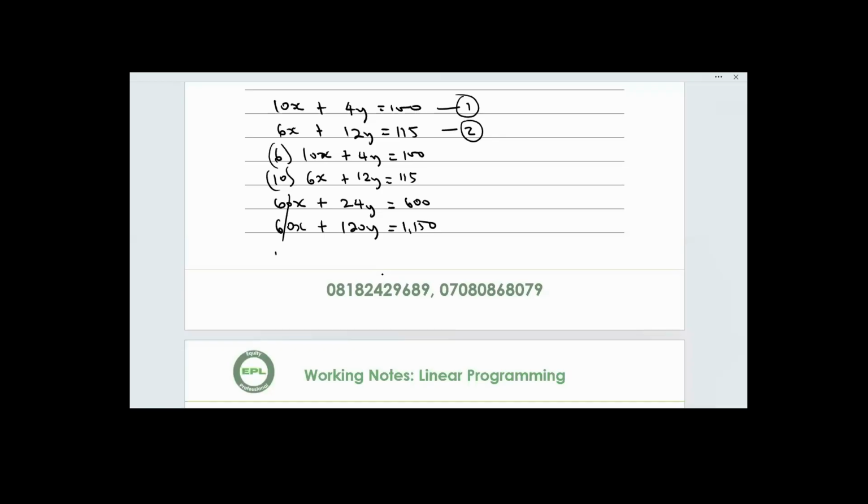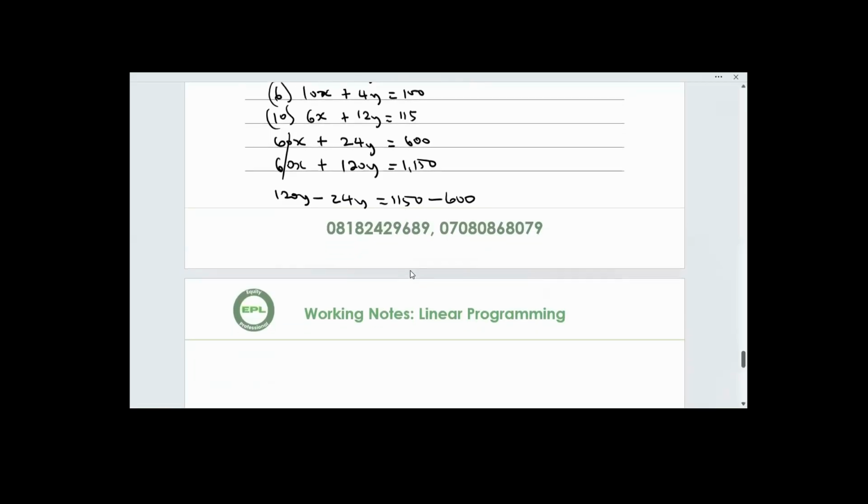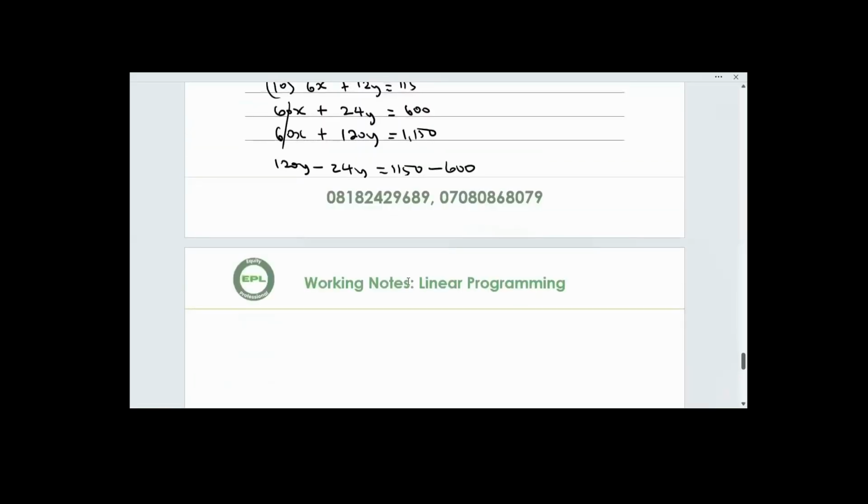So we have 120y minus 24y equal to 1150 minus 600. So 120 minus 24 will give us 96y. 96y equal to 550. Therefore, y equal to 550 divided by 96.